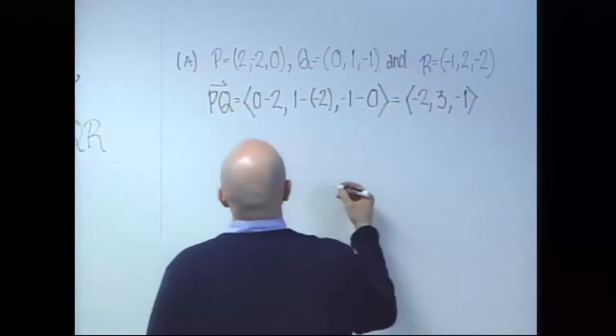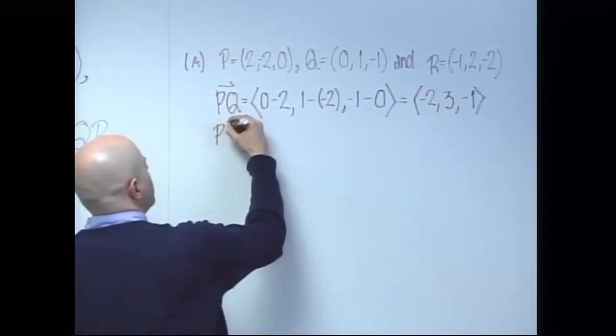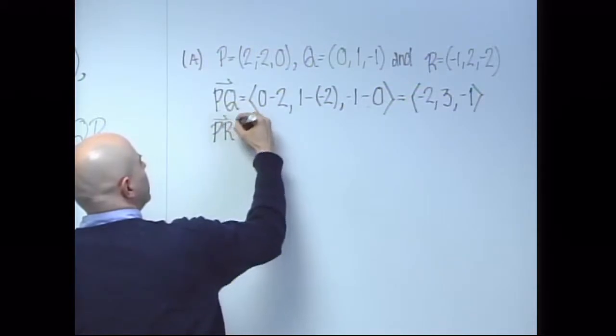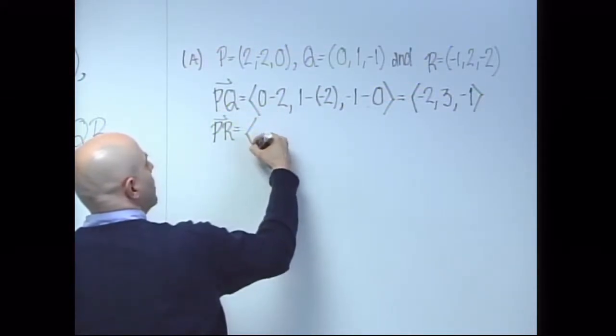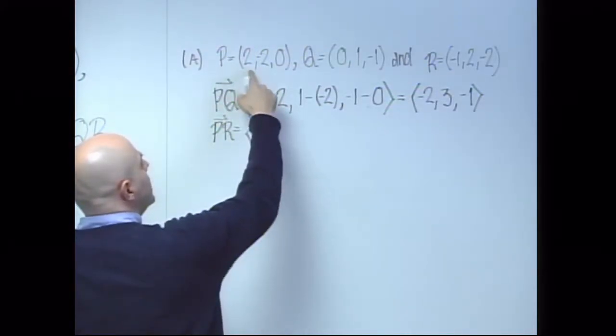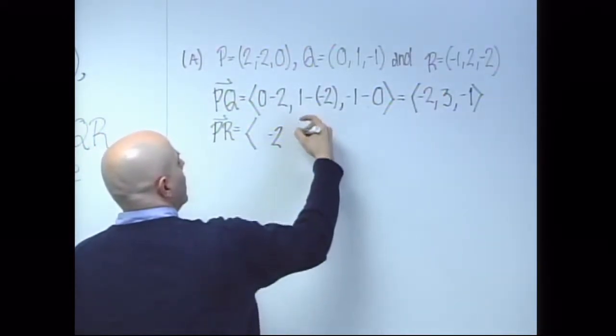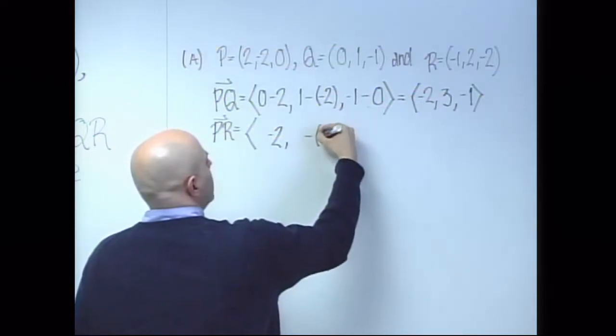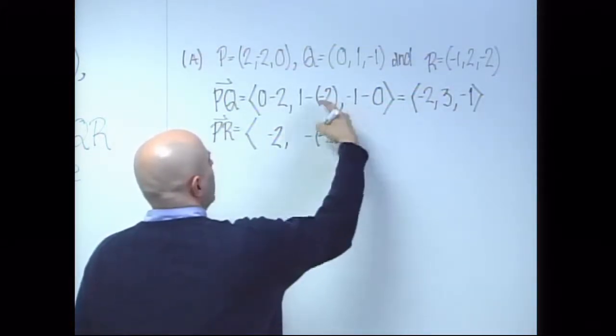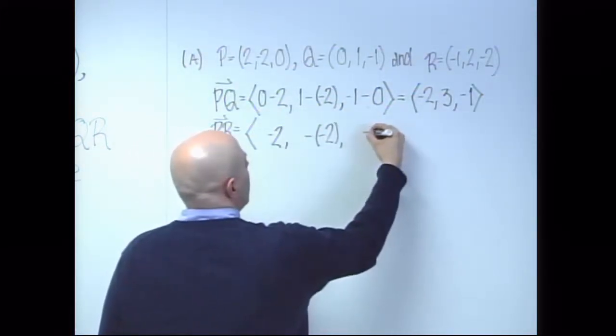Now I'm going to do the vector PR. Now notice that P is still the tail of this vector, so I can keep the second part of this computation.